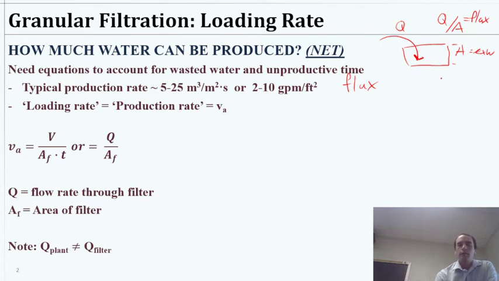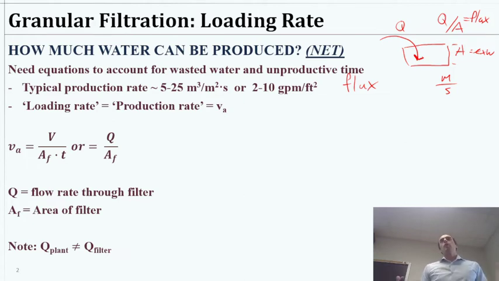That's our flux, and so that's going to be in a velocity type of arrangement, right? If we take the flow rate, divide it by area, it's cubic meters per second divided by square meters of filter bed area, that gives us a velocity.